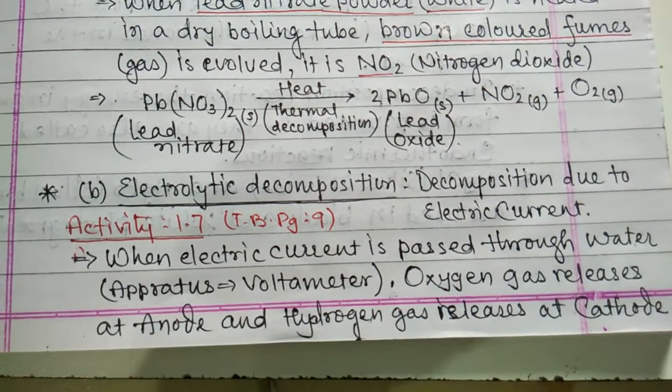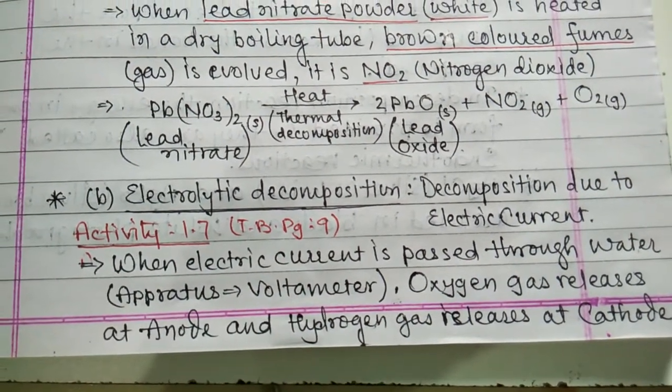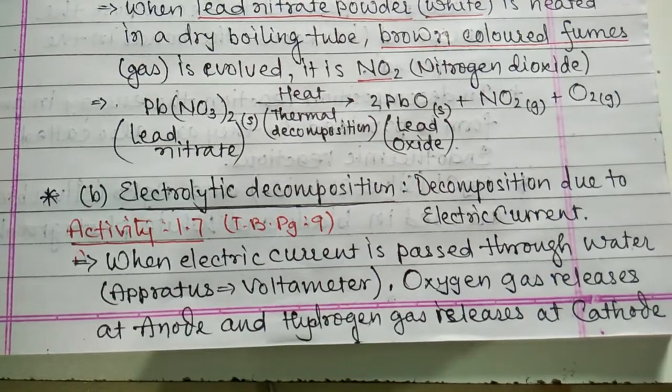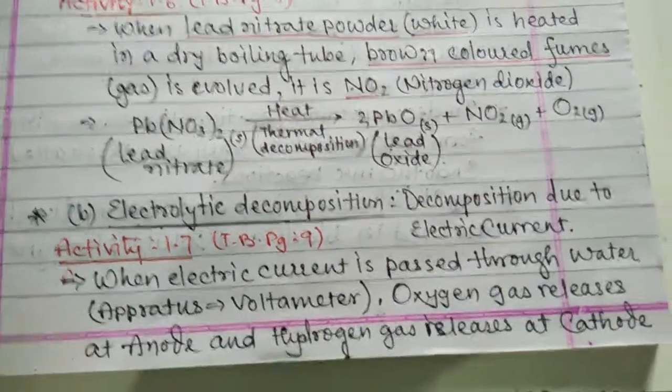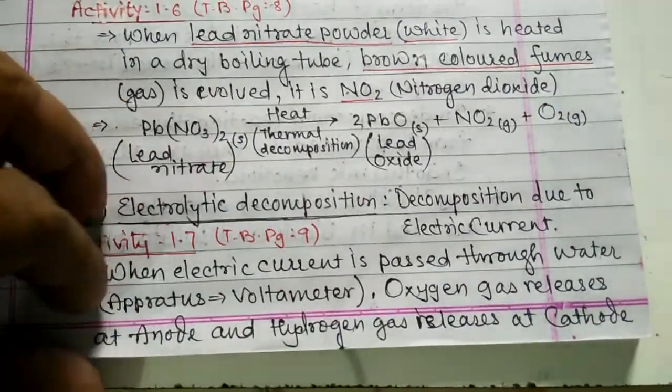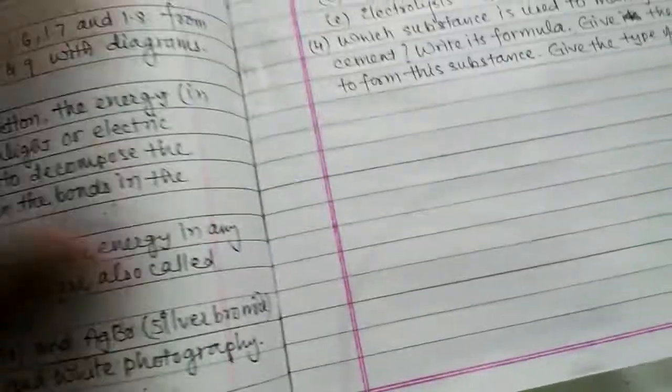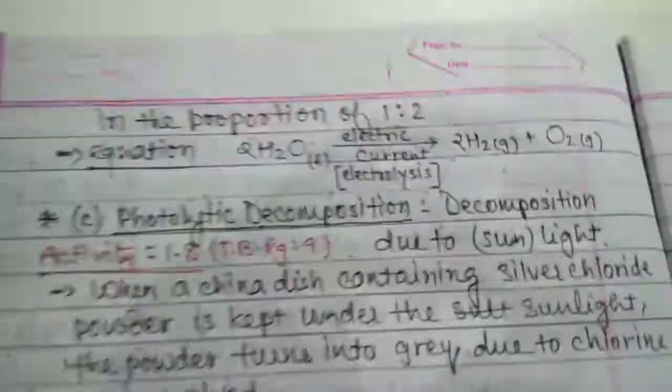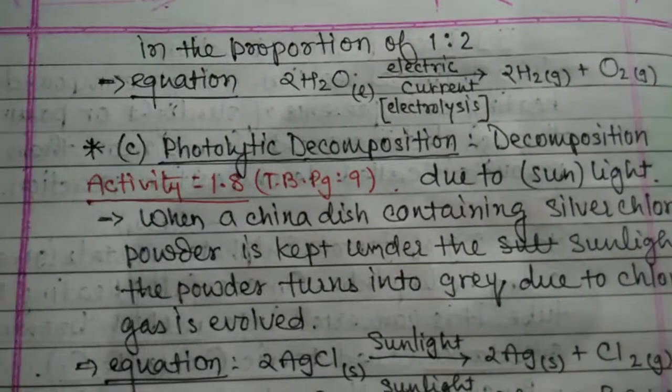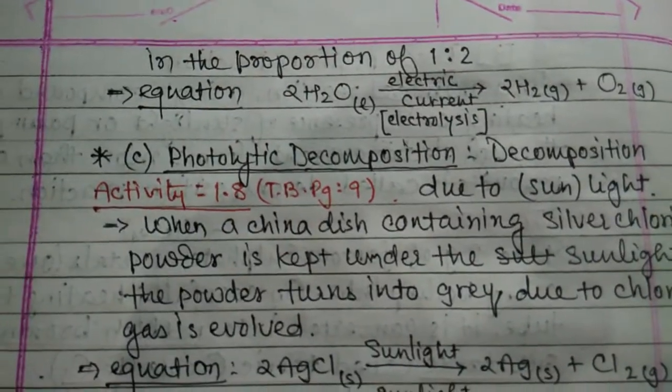Oxygen gas is released when electric current is passed, at the anode, and hydrogen gas is released at the cathode, in the proportion of 1:2.